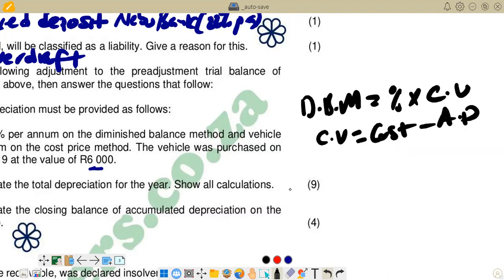So that's the formula that we're going to use. First we find the carrying value by saying cost minus accumulated depreciation. Then the answer that you get, you multiply by the percentage. Then you get the depreciation per annum.